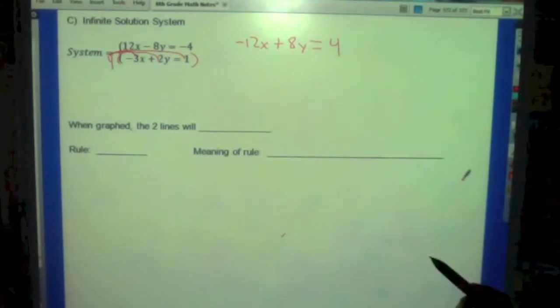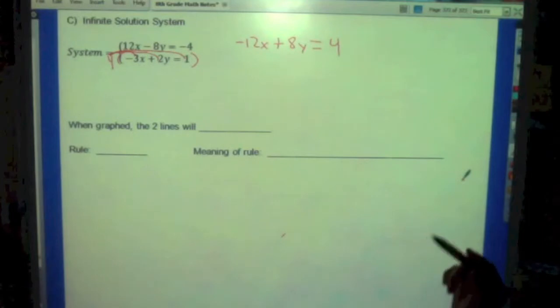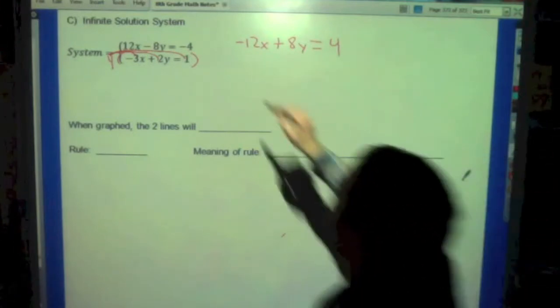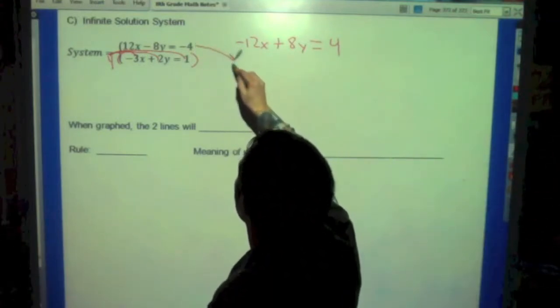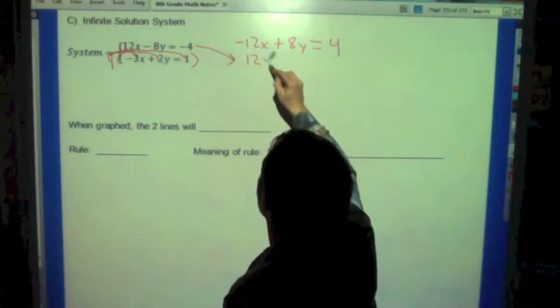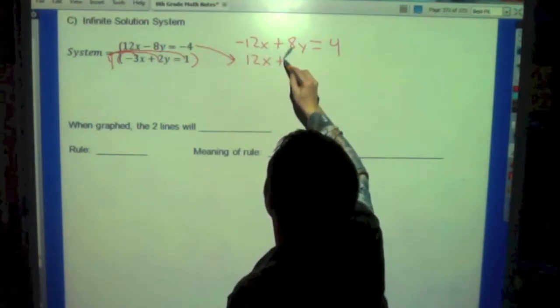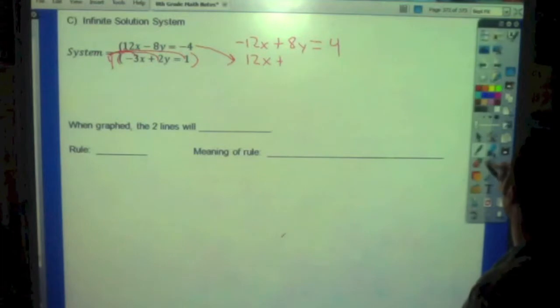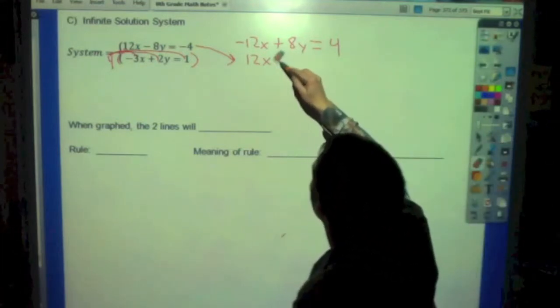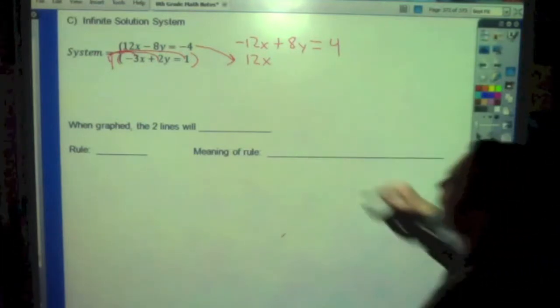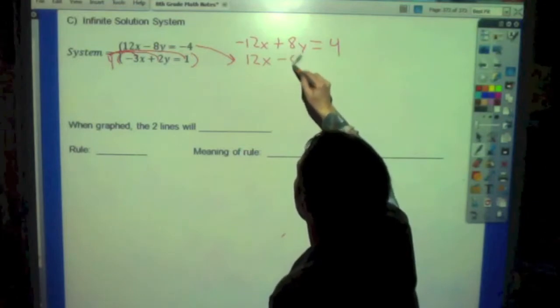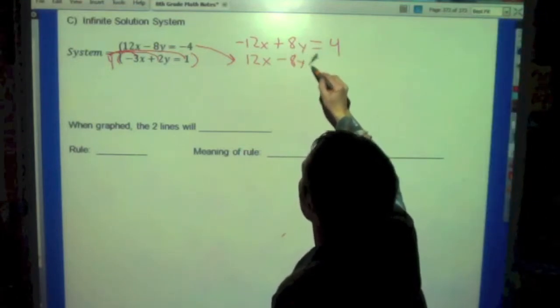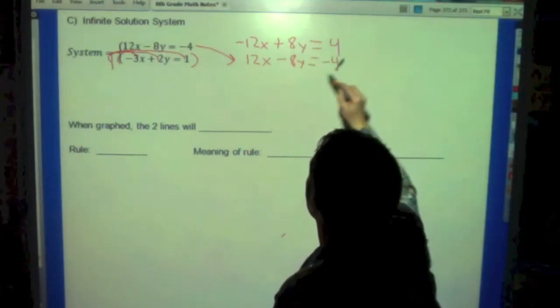Now I'm going to write my other equation right underneath of it so I can stack and add. This one is going to go right here. I've got to make that a negative sign. Sorry about that. Negative 8y equals negative 4.